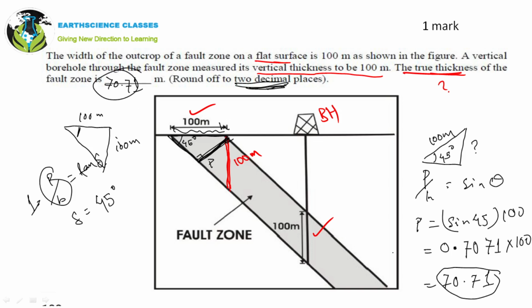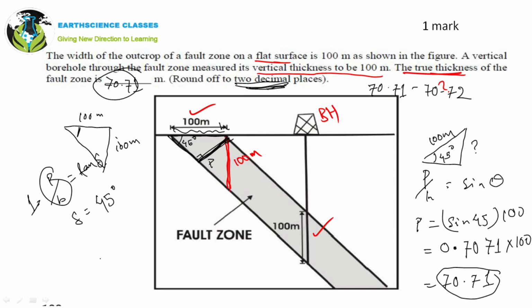70.71 is your answer, and in the answer key it will be coming like 70.71 to 70.72, right? So you can write any number between this. You might have calculated sine 45 as you know, that is 1 by root 2.